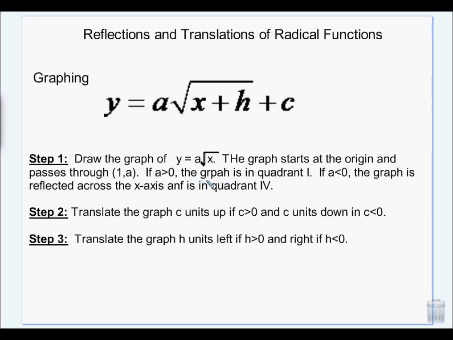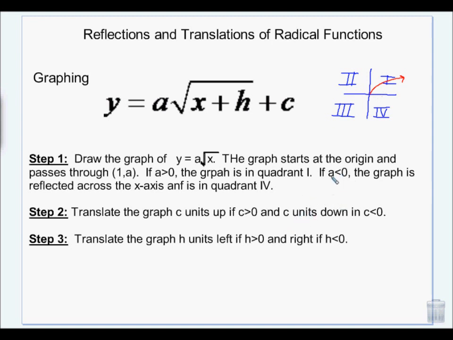Okay, the graph is going to be in quadrant 1, right? I don't know if you guys remember, this is quadrant 1, 2, 3, and 4. So it goes counterclockwise, 1, 2, 3, 4. And just the basic shape of a square root graph is like this through quadrant 1, right?